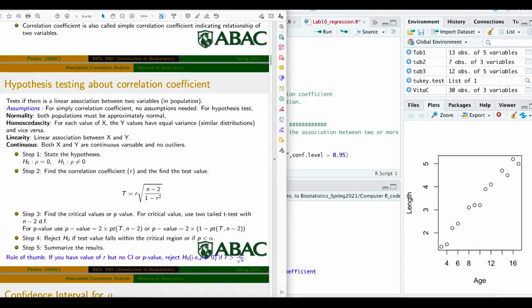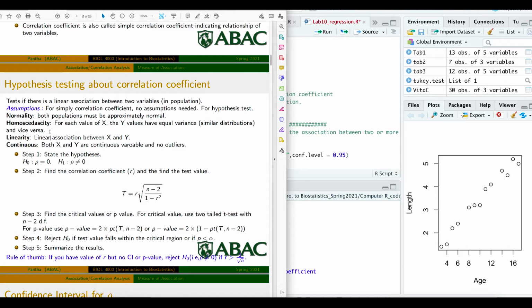The assumption is, for simple correlation coefficient, no assumptions needed, but for hypothesis testing, we need these 4 assumptions. One is normality. Both populations must be approximately normally distributed. Another is homoscedasticity. That means for each value of x, the y values have equal variance. We will talk about what that means, okay?